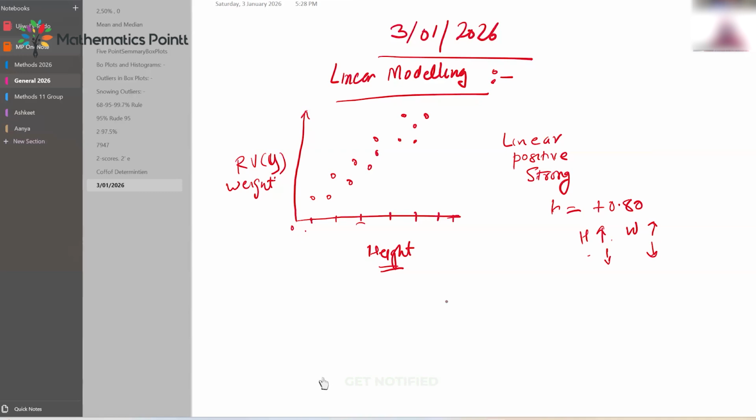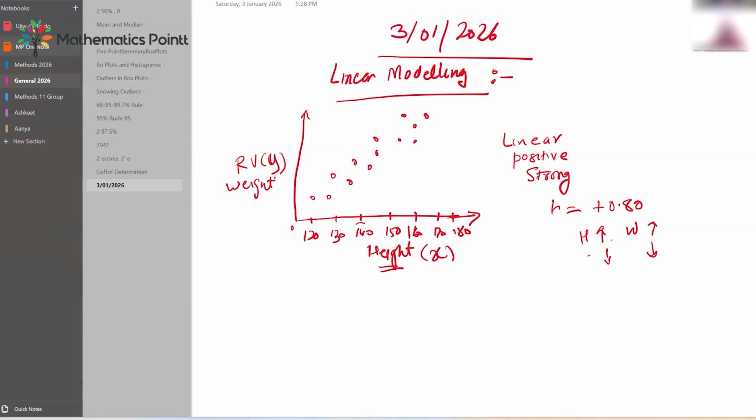So this is height. Let's say height is 120 centimeters, 130, 140, 150, 160, 170, and 180 centimeters. This is my X, the EV.